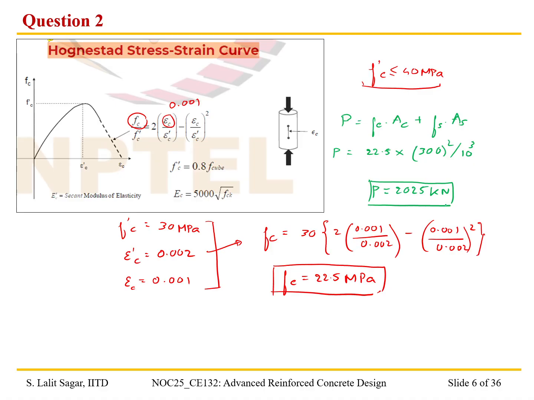What we are going to do is take different values of epsilon C, that is strain in concrete, and then develop this force deformation curve. Let us say this is the force and this is the deformation delta. We are going to plot this force deformation curve for the shell members.